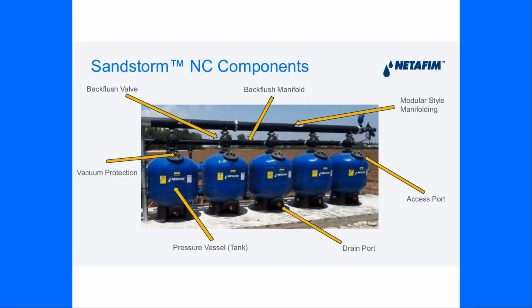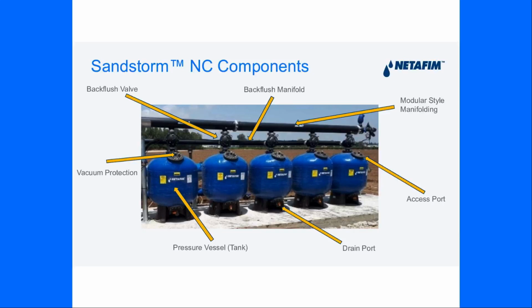So here's a snapshot of some of the major components on NC. So this is a picture of a 36-inch tank installation. We have two sizes, which you'll see here in the coming slides, 36-inch and 48-inch tanks. So this is the pressure vessel here.